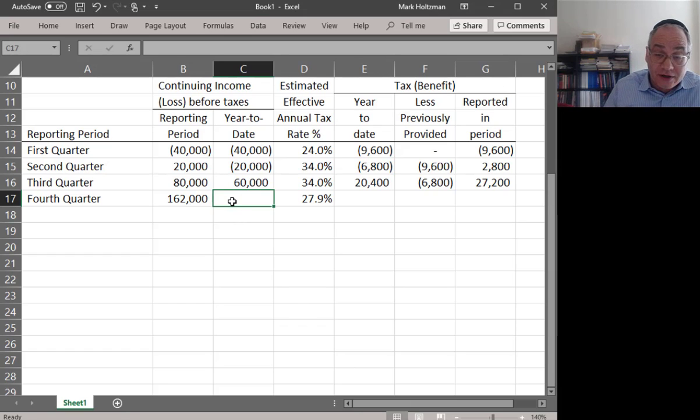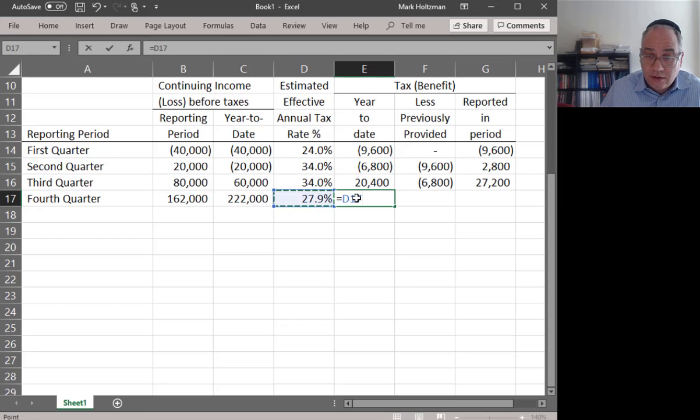So we have in fourth quarter $162,000, and we previously had income of $60,000. So our total income year to date is $222,000. So times the estimated tax rate of 27.9%.